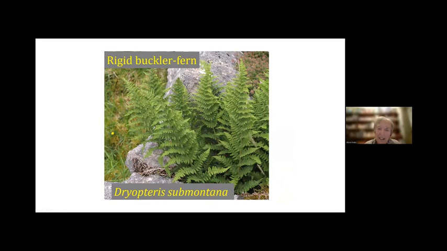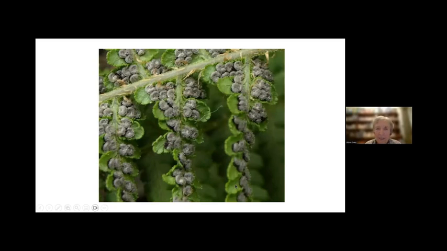And another limestone specialist, not very common. So again, come to Yorkshire, or there are a couple of sites for it in Wales, and there's one in Derbyshire. And quite a lot of limestone ferns are fairly glandular. And this one is, if you can see how fuzzy those indusia look, that's because they're absolutely covered with tiny glands.